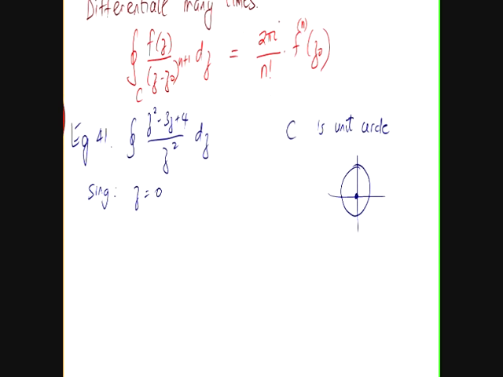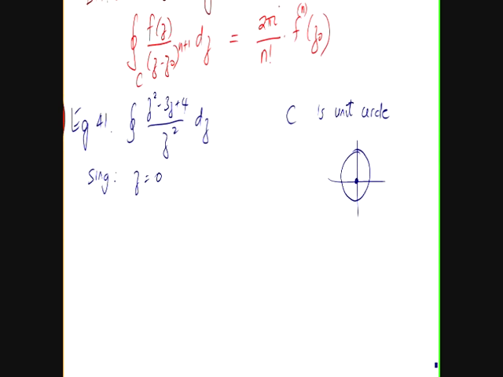Therefore, now that we have established that, we can obtain the integral in the following shape. This integral here will be equal to 2 pi i over, now since we are dealing here with the z squared, in other words n plus 1 is 2, n is actually 1 factorial, and then multiply that by the derivative of f at the point z, which in this case here is z equal to 0.